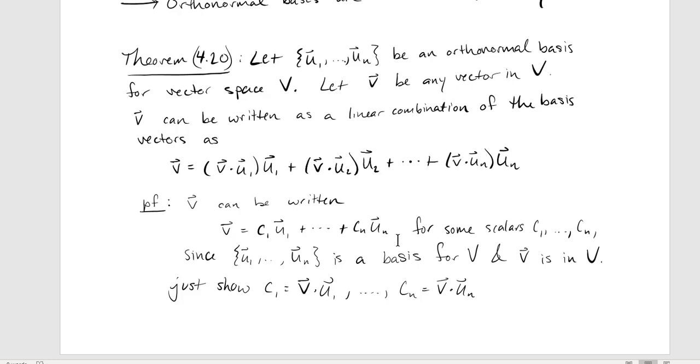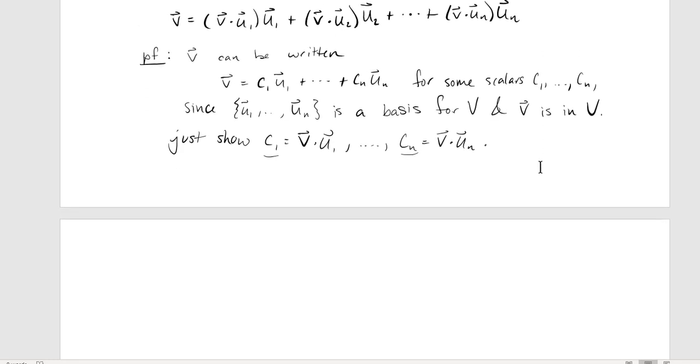Our goal is really just to show that those scalars are equal to v·u1 attached to the u1 vector, v·u2 attached to the u2 vector, and so on. So we need to show that c1 is v·u1 all the way out through cn is v·un. Well, I think this is pretty easy to do.